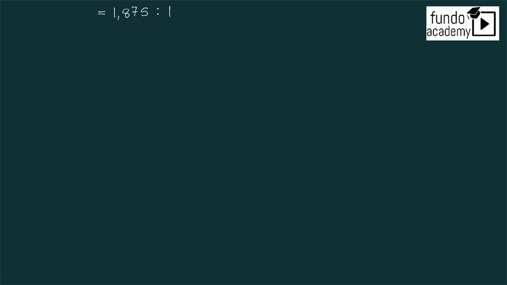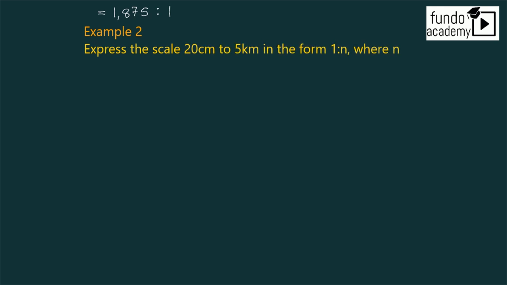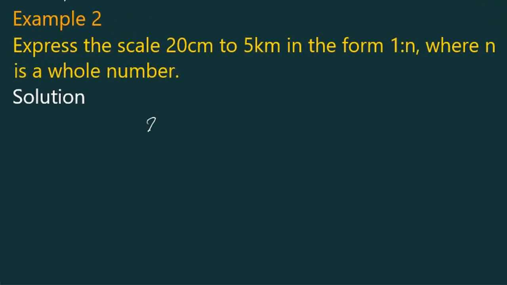In example 2 we have a scale. Express the scale 20 centimeters to 5 kilometers in the form 1:n, where n is a whole number. So this is our scale, 20 centimeters to 5 kilometers.